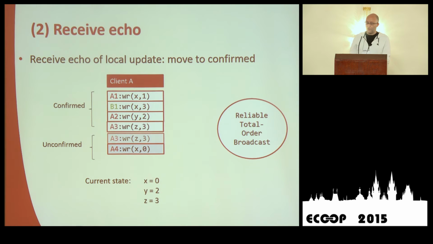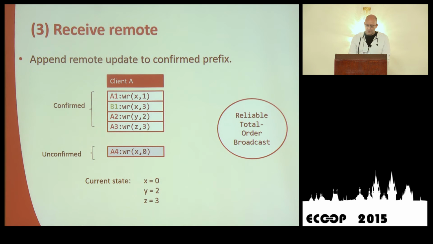And now we know it actually happened, and we remove it from our unconfirmed queue to the confirmed one. But there may also be writes that come from other people. So there might be a write that was done by B to Y. And at that point, our Y location gets updated to 4.